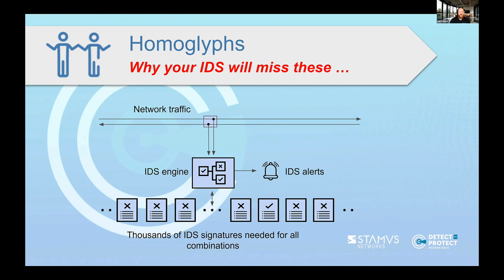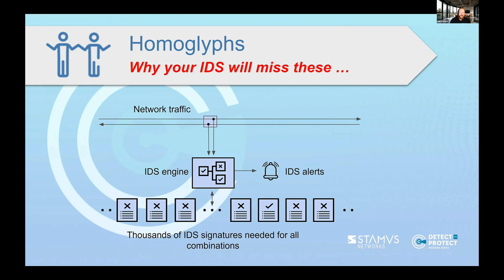To trigger an alert, the IDS must see a match between the network traffic and the predefined indicator of compromise, known as a malicious IP address or untrusted domain names or any other explicitly identifiable characteristic. While technically speaking, rules could be written to detect certain commonly known instances of domain spoofing homoglyphs, it is impractical to assume that a rule could be written for every possible instance of a homoglyph usage.